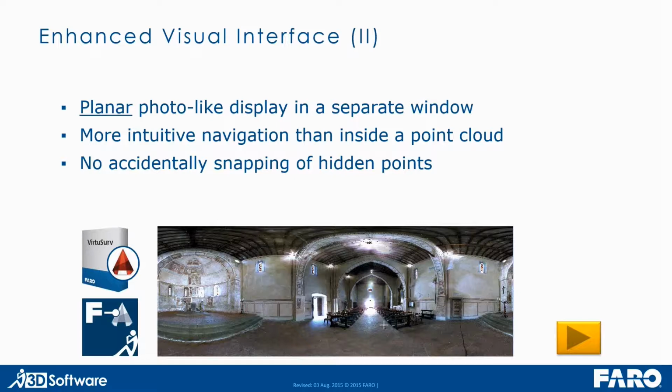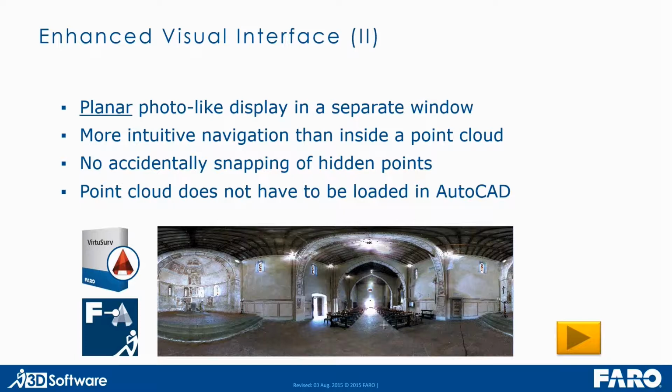Also here you don't accidentally snap hidden points, and an advantage of this option is that you don't even have to load the point cloud in AutoCAD. This photorealistic planar view is provided in a separate window.